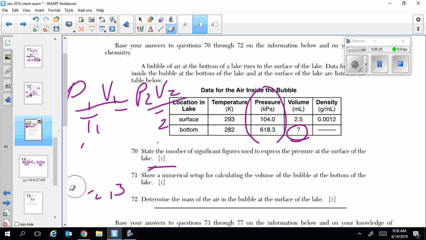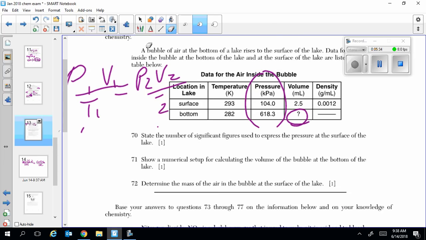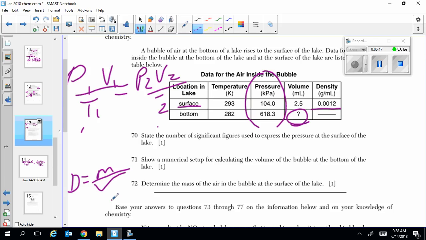All right, next one. Determine the mass of the air in the bubble at the surface of the lake. So at the surface of the lake right here, I know the density. So density is equal to mass over volume. So my density is 0.0012, and that's equal to m over, the volume is 2.5.